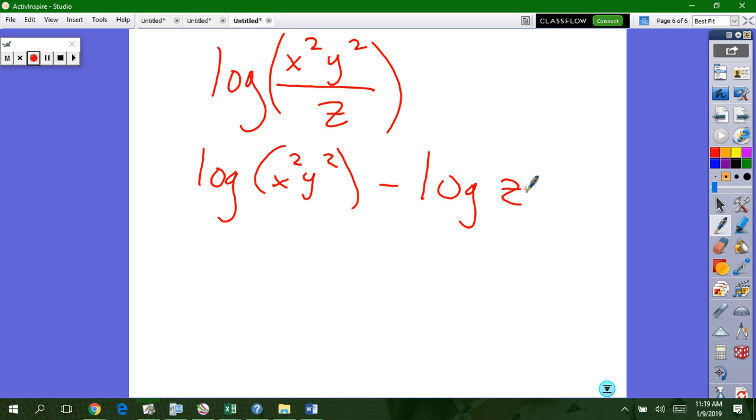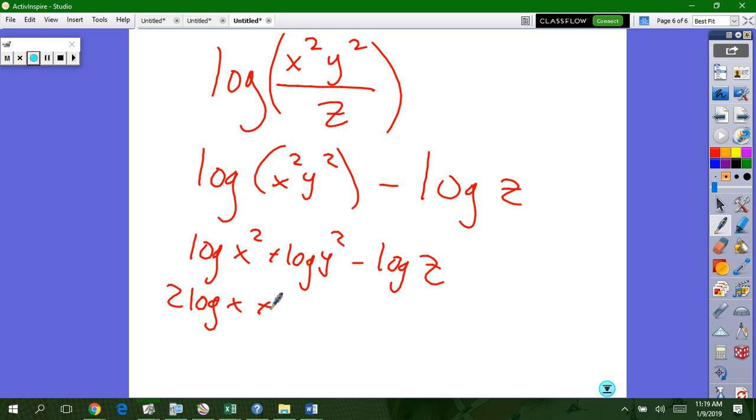I will add them. So I will have log of x squared plus log of y squared minus log of z. Am I done yet? What's the last thing I'm going to do? Bring the powers out to the front and multiply, right? Does that make sense? So this will be 2 log of x plus 2 log of y minus log of z.